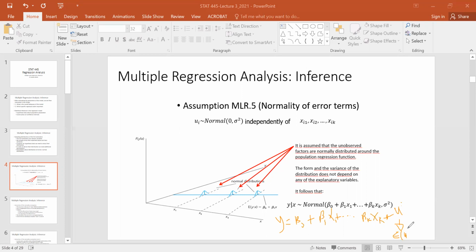And we assume the expectation of the error is 0, remember. So it should be clear to you why the expectation of Y conditional on X has such a mean. And already you know the variance is sigma squared, okay? So if U, the error term, is normally distributed, this is how Y also tends to be distributed, okay?